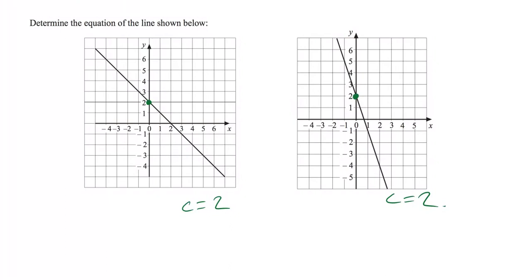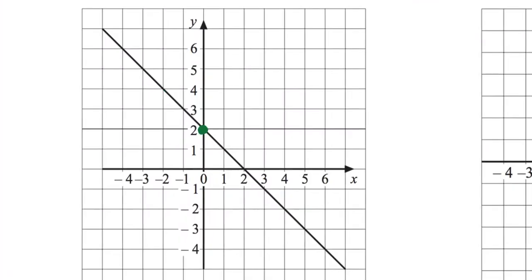Now let's find the next thing, which is the gradient. The gradient is the m number. To do that, we're going to pick any two points. Let's pick one there, and one there. It doesn't matter where they are, as long as they're on set coordinate numbers. We work out the change in y between the two, going straight up, and the change in x.